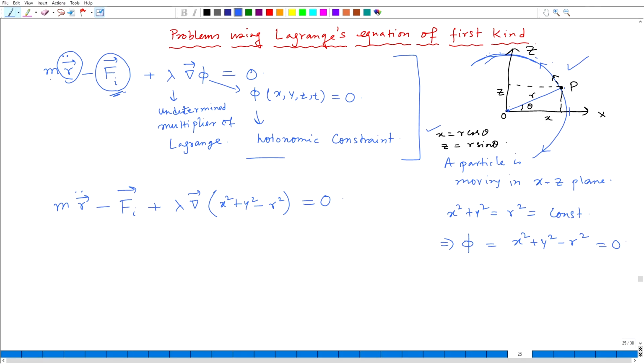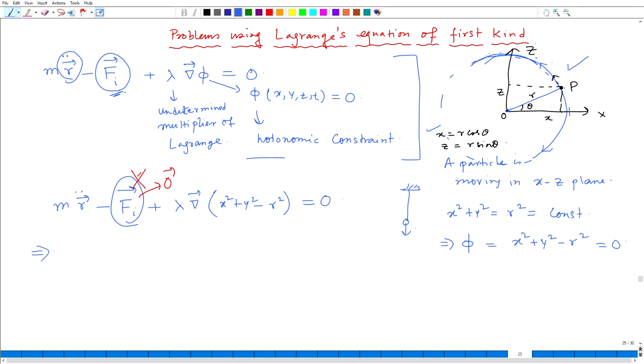I do not know if there is any force field, because when I say that a particle is hanging vertically in the case of a pendulum, I know there is g acting, but here when a particle is just moving in a circle, I can simply say that maybe the motion is only due to the force of constraints, and this type of force is actually not present. So, this is 0.